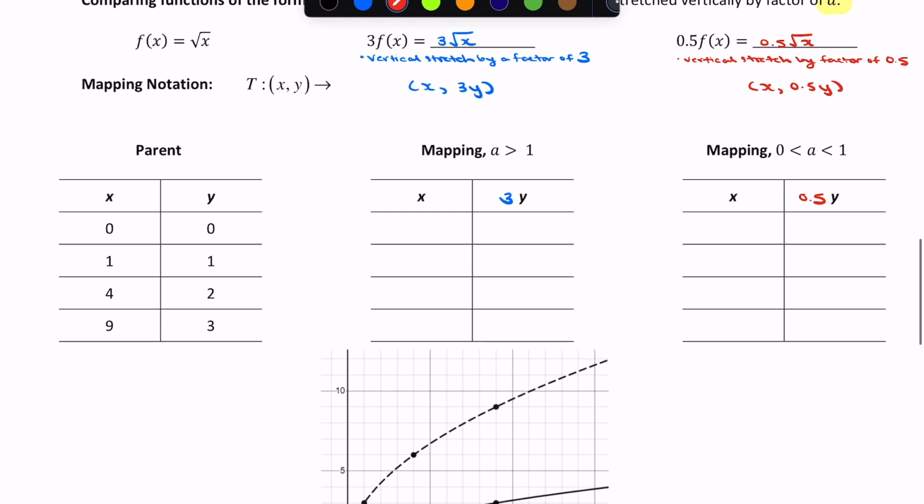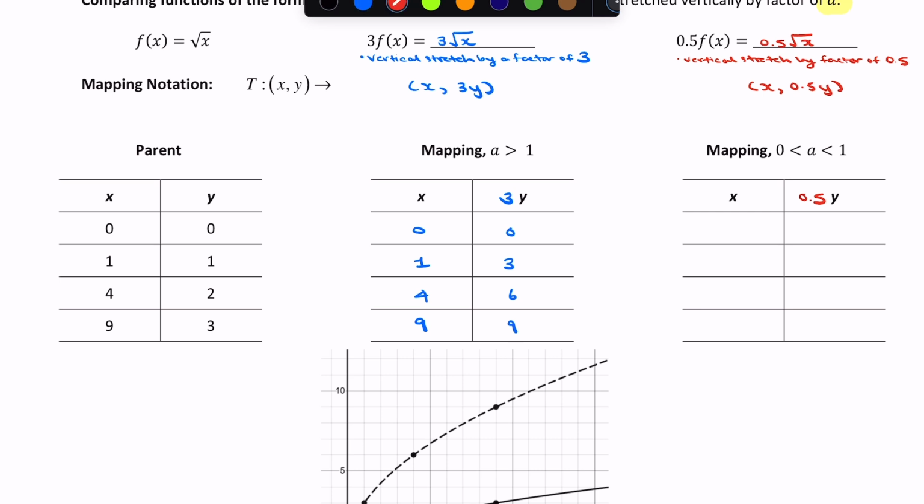And so now let's fill in our table of values. So our x values stay the same. So 0, 1, 4, and 9. Our y values here are multiplied by 3. So we have 0, 3, 6, and 9.